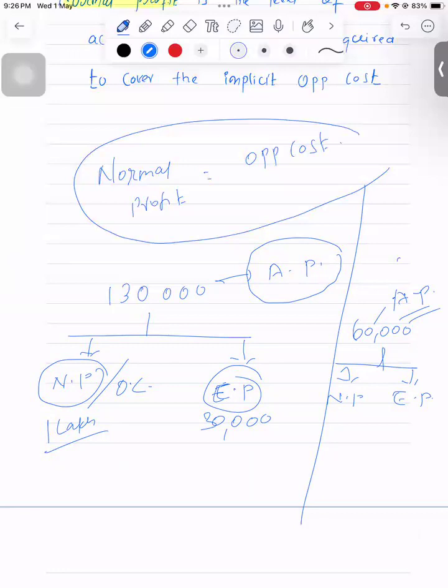Normal profit is fixed. It is 1 lakh in our example. So what will be the economic profit now? Yes. So here it will be minus 40,000 loss. Forget abnormal profit. We are not making even normal profit in this case. So your economic profit is negative 40,000.